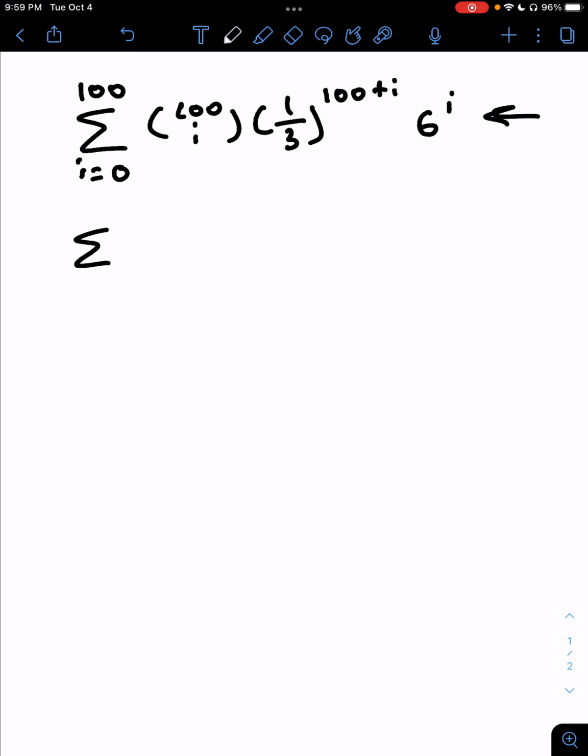So after you have this, the next step from here is to write 1/3 as 3 to the negative 1.